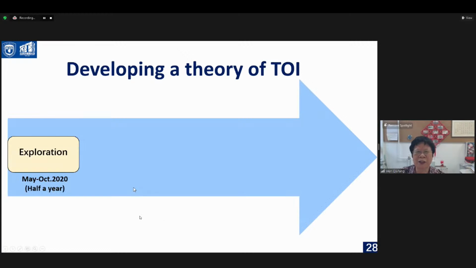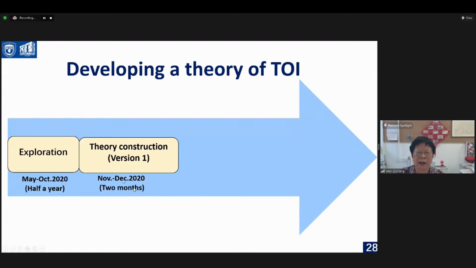Now we went through several stages to form the theory of TOY. This is the exploration that took us half a year from May to October 2020. You may see that this is the first CC. And then we have theory construction, spending two months to construct the theory. That's the theory we call version 1.